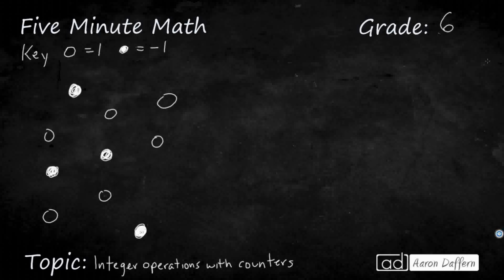So when we have these counters spread out like this, my recommendation is to line them up. If these were real counters, we can drag them over. Let's just draw some lines to show where we want to drag them. And let's take care of our positives first. So I'm just going to draw some lines to make sure I'm not missing any. I'm going to put them in nice 2 columns, because once I have that, the zero pairs really stand out.